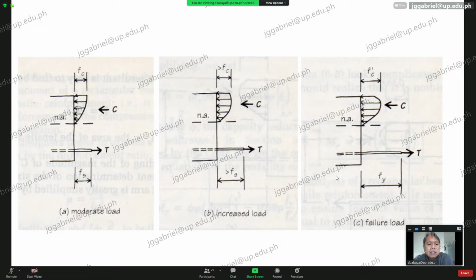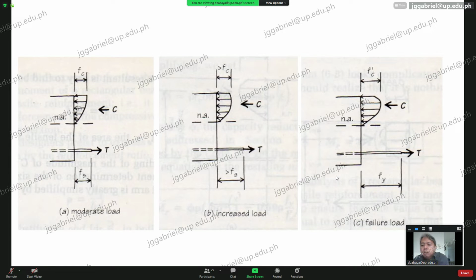And this is the maximum stress at the topmost fiber of your beam. That's fc. And then if we increase the load, of course, you have increased stress due to tension in your reinforcement, and also increased stress on the concrete part, the upper portion of the neutral axis.